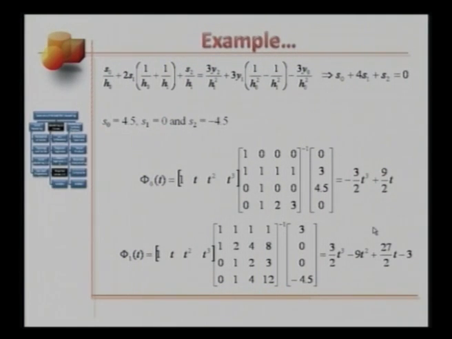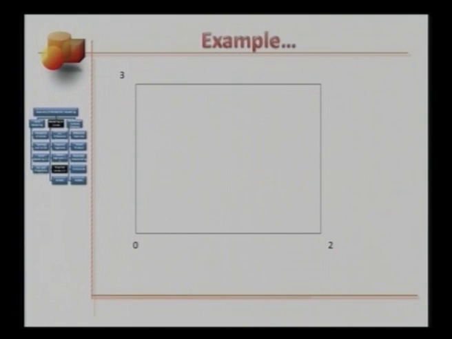We now know what the analytical expressions of individual cubic segments phi 0 and phi 1 are. Let's plot them. The red curve here and the green curve here, they represent the first cubic segment and the second cubic segment.